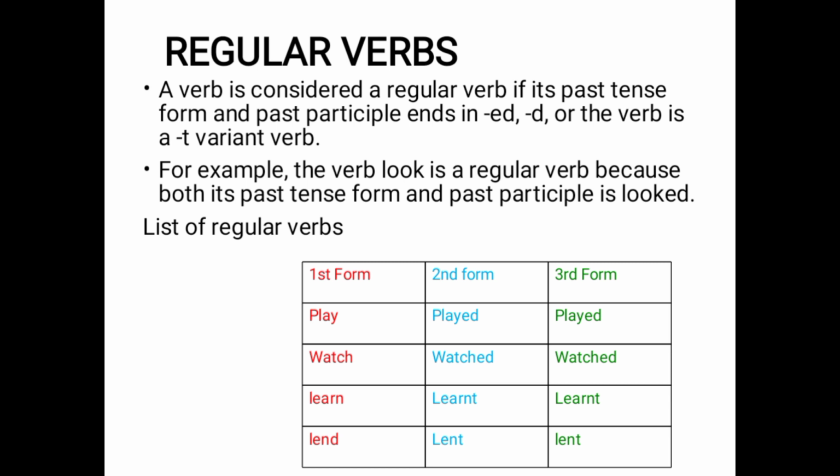Here is a table where the first form, the second form, and the third form are given. A regular verb has the past form, that means the second form, and the past participle, that means the third form, ending in ed, d, or t. For example: play, played, played; watch, watched, watched; learn, learned, learned; lend, lent, lent. These are regular verbs.